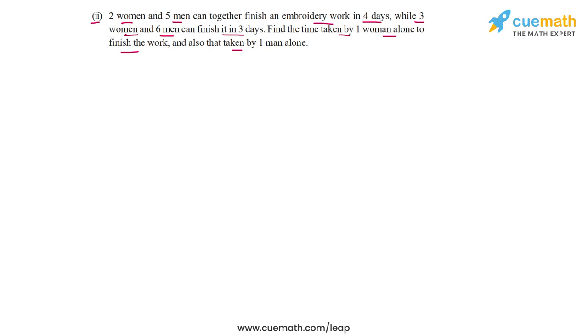So the two unknowns in this situation are the time taken by 1 woman alone to finish the work and the time taken by 1 man alone to finish the work. So let's assume them to be some variables.